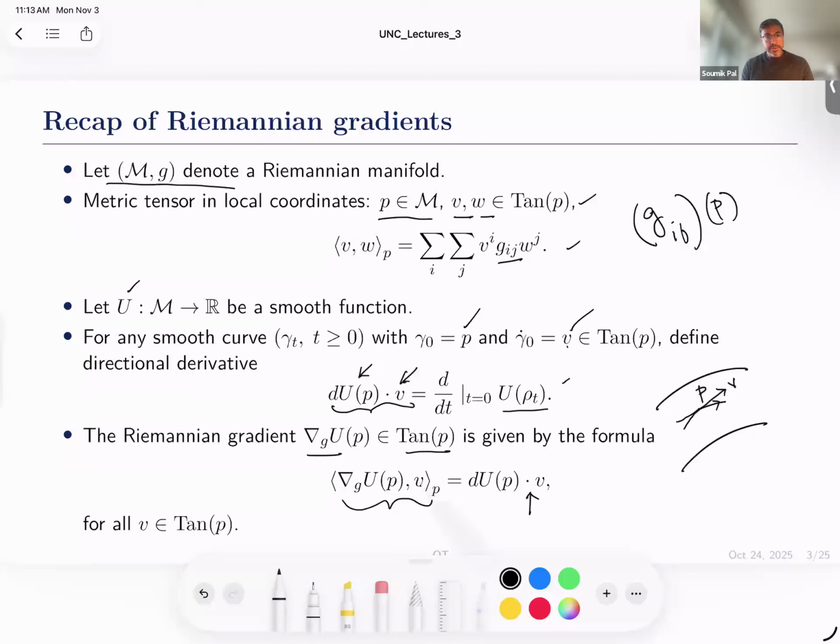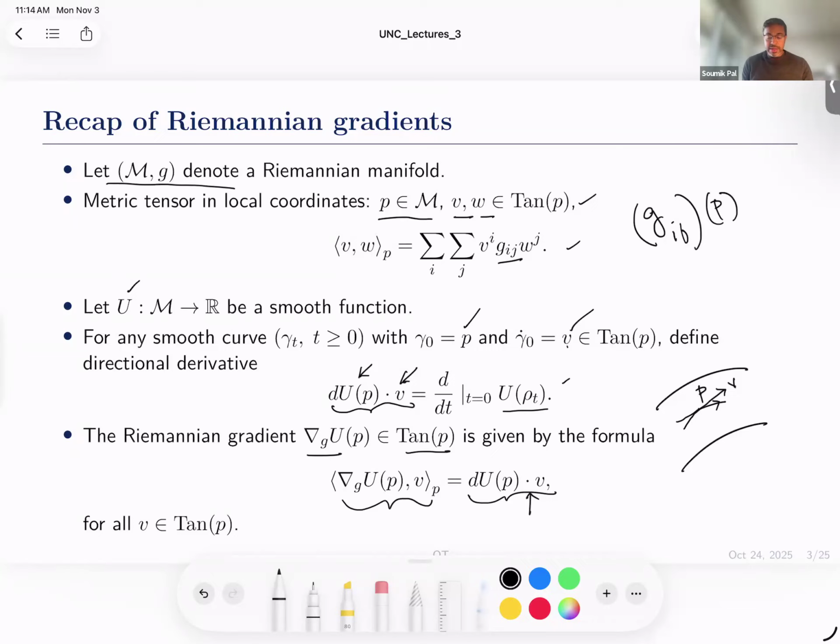So the Riemannian inner product of the velocity vector v with the Riemannian gradient of u at P is given by the Euclidean dot product with the directional derivative and the initial velocity v. Any vector in the tangent space that satisfies this equality for all v is going to be my Riemannian gradient. Again, how do I know such a vector will exist? Again, Riesz representation. Okay. Now, why do we care about the Riemannian gradient and not about the directional derivative?